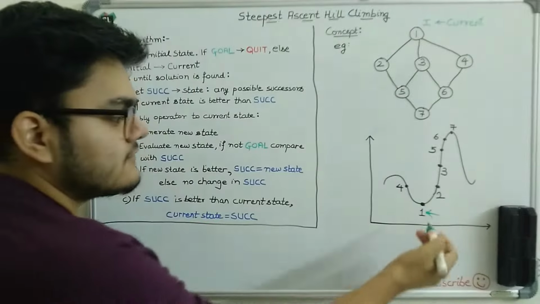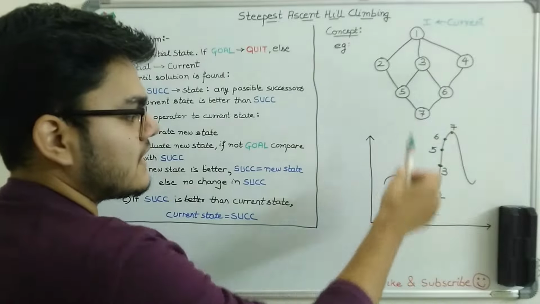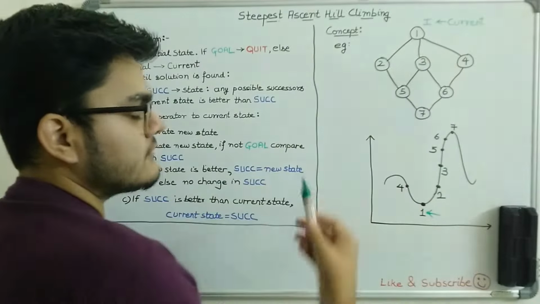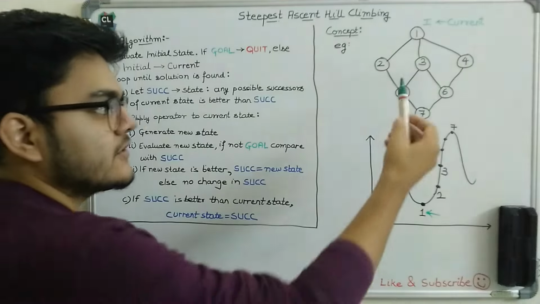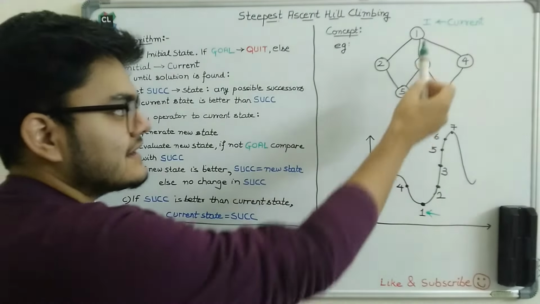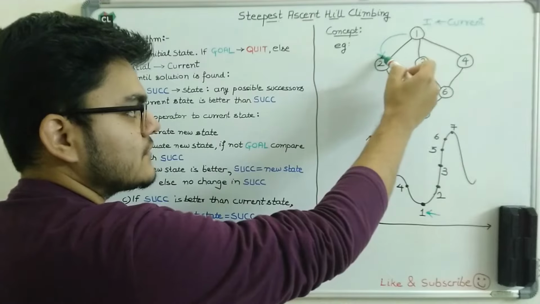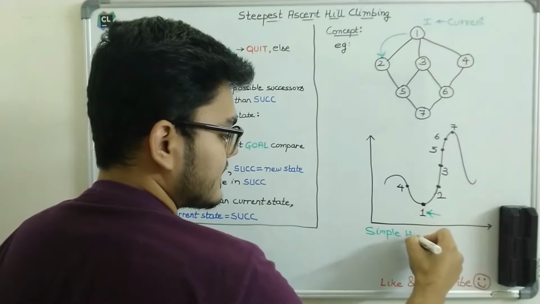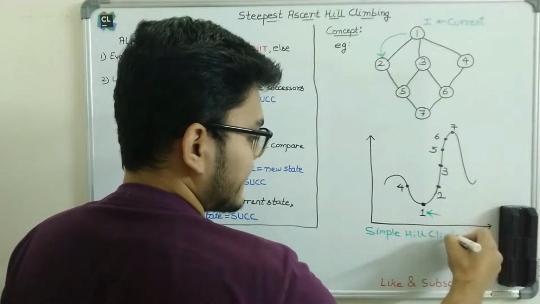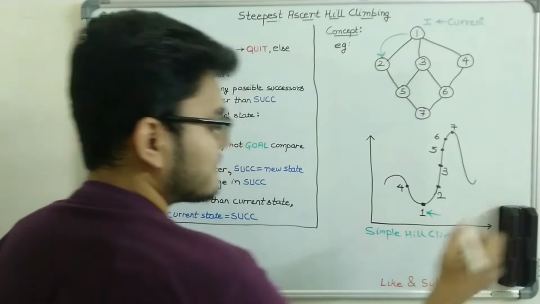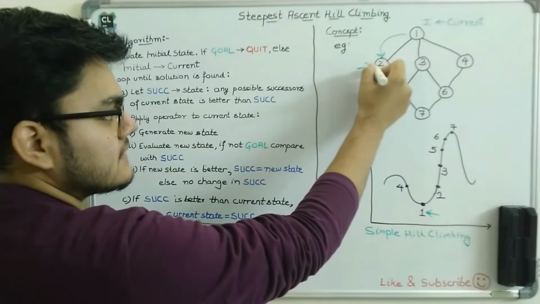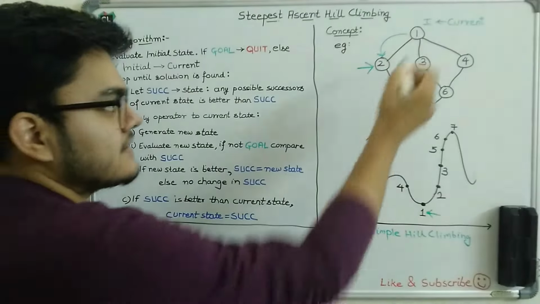Now starting from the current state, we are going to apply an operator and produce a next state. So let's say the next state that is generated after applying some operator is 2, right? In the simple hill climbing algorithm, the basic idea is we will compare the heuristic value of this next state and the current state.